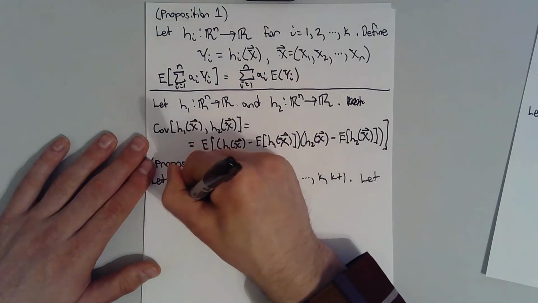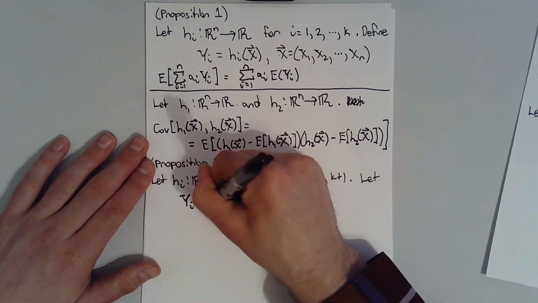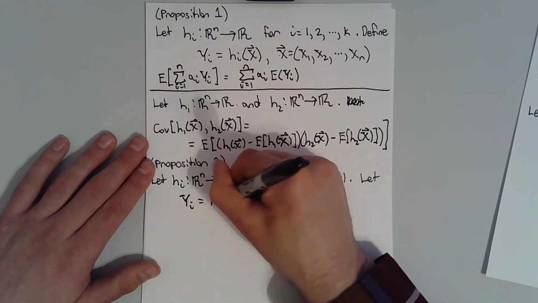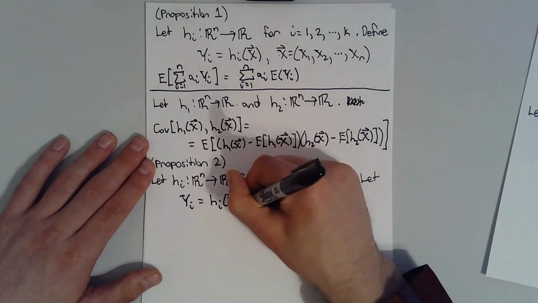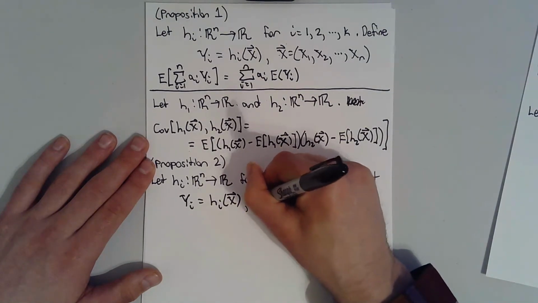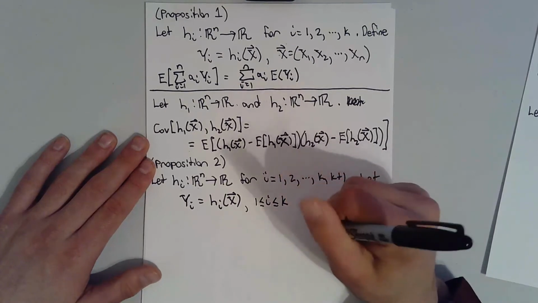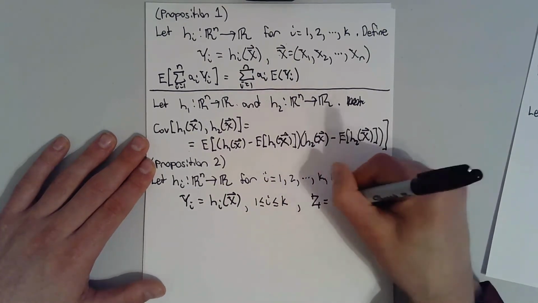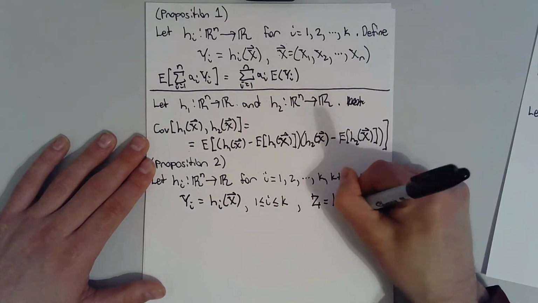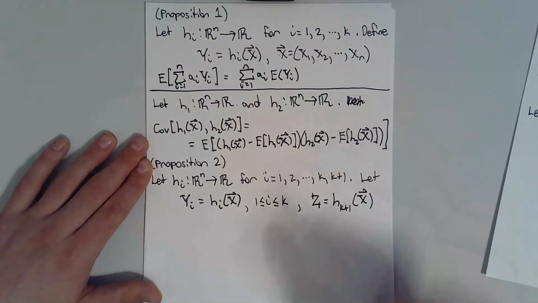Let y sub i be equal to h sub i of the random vector x, for i going from 1 up to k, and also define z as h sub k plus 1 of the random vector x.